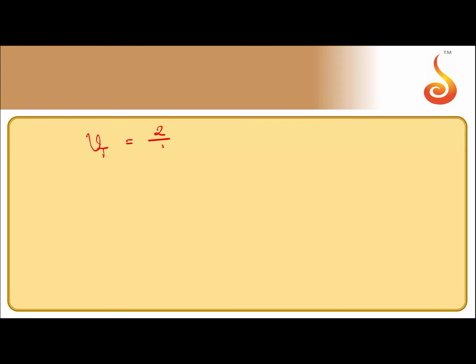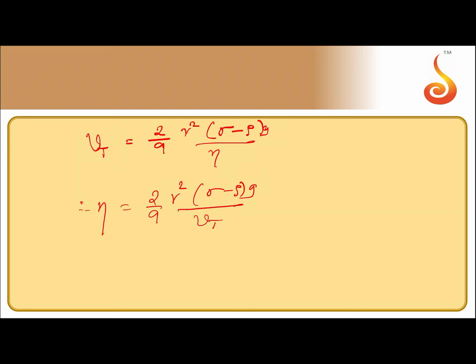You know that terminal speed is given by 2 by 9 into r square into sigma minus rho, it rises so sigma minus rho, into g divided by eta, right? This is terminal velocity. Therefore, eta is equal to 2 by 9 r square into sigma minus rho into g divided by terminal velocity.